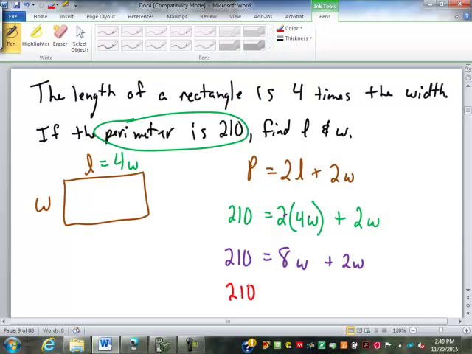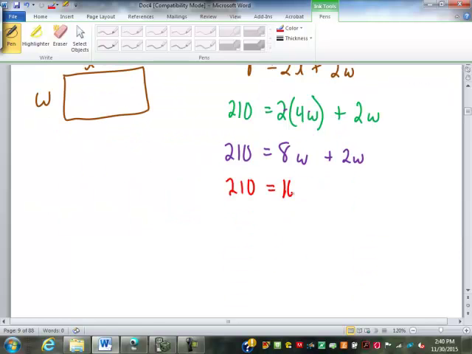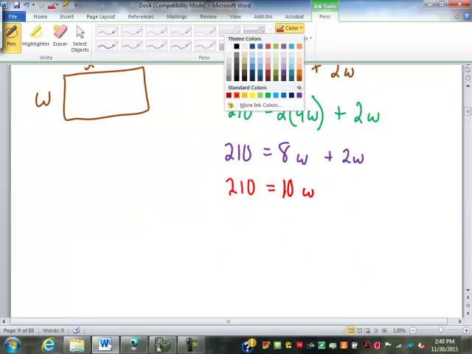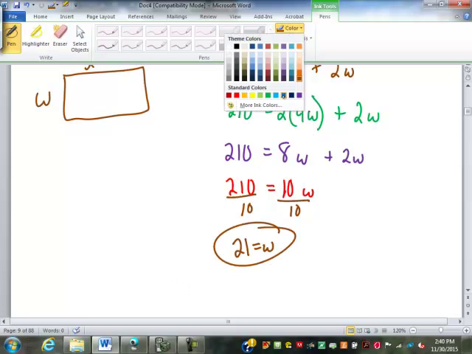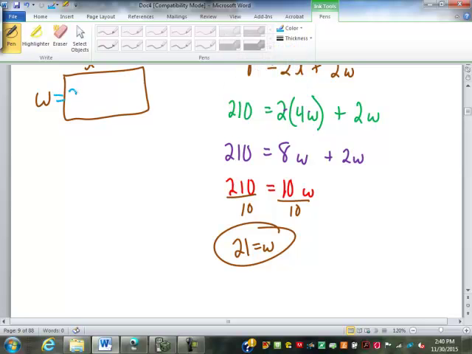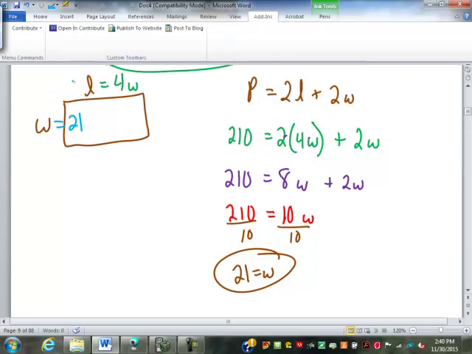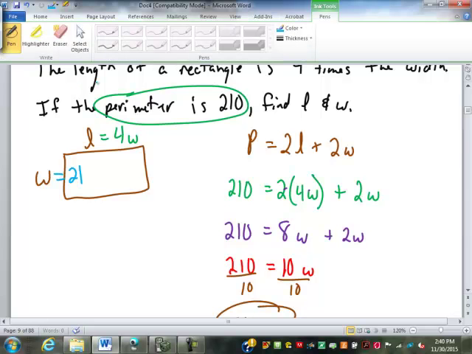And then 8W plus 2W is 10W. So we divide by 10. 21 equals W. And of course, we're not done yet. We got to go back up here. W is 21. The length is 4 times 21, or 84.